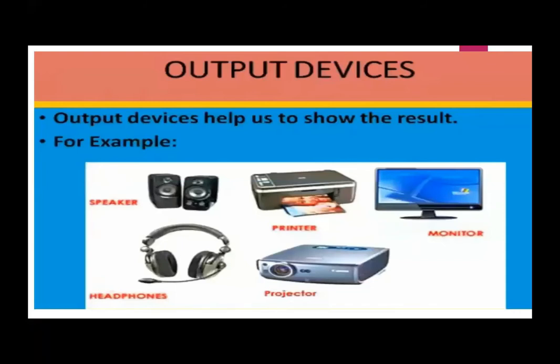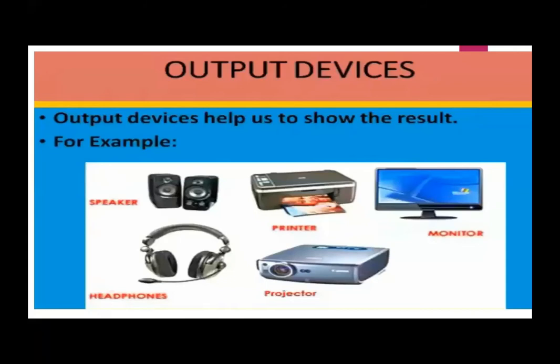For this, we first use the monitor. The monitor is the most commonly used output device. As you know, it is also called the video display unit, VDU. VDU means visual display unit. It is similar to a TV screen, as you see here, and can display both text and graphics.